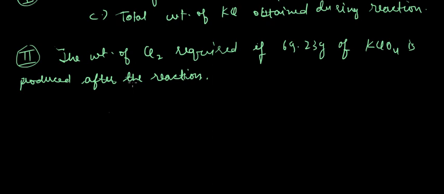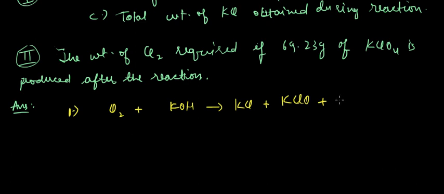Okay, so let's start off with the solution. We have first Cl2 plus KOH reacting to form KCl plus KClO plus H2O.